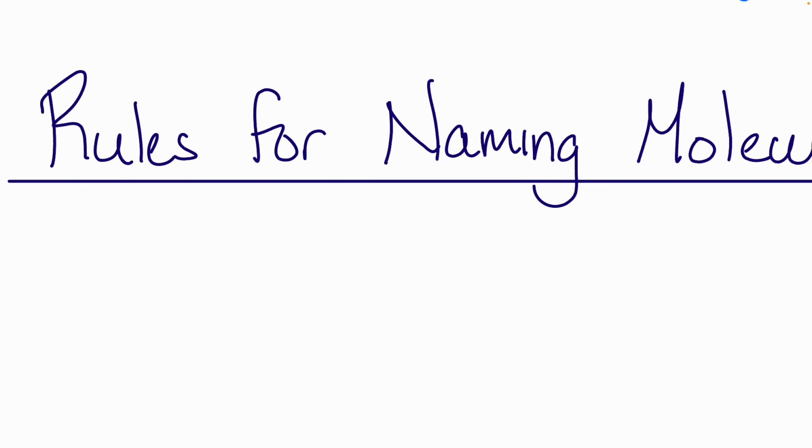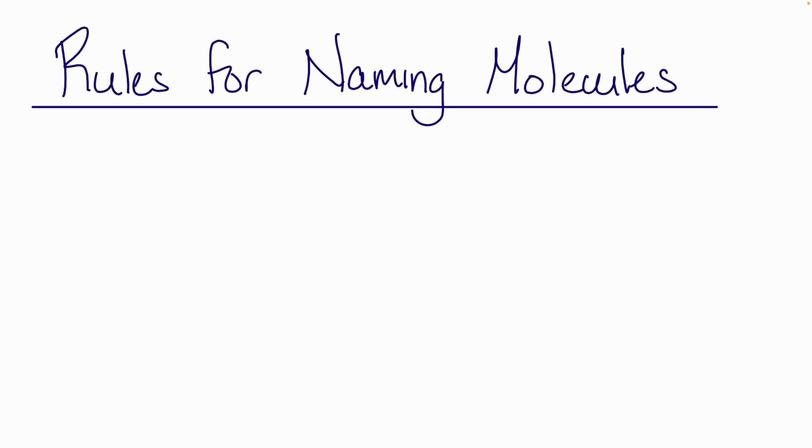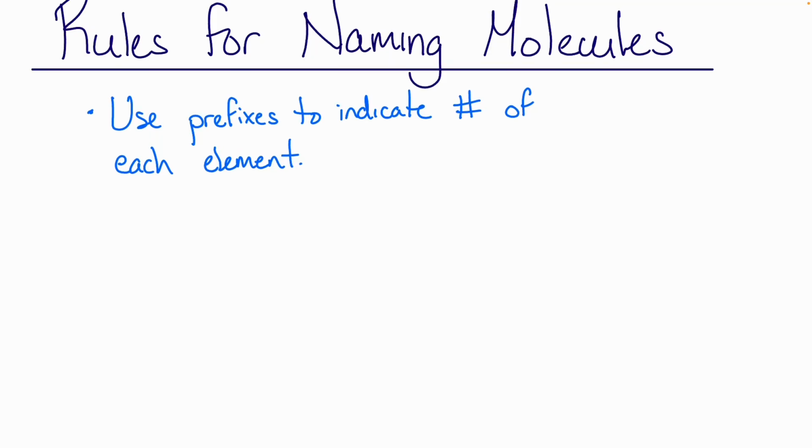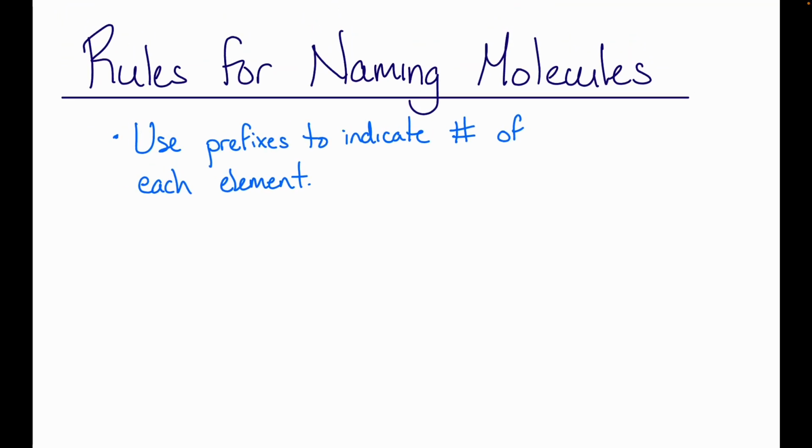So number 1, we're going to use these prefixes to indicate the number of each element. And I'm going to be dead honest with you, I'm not a language guy.